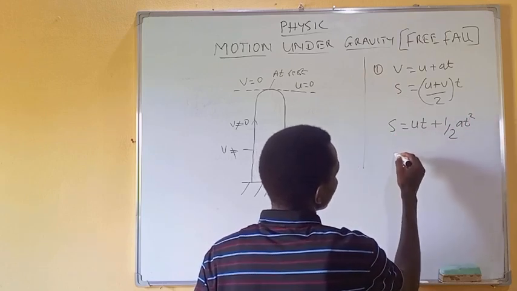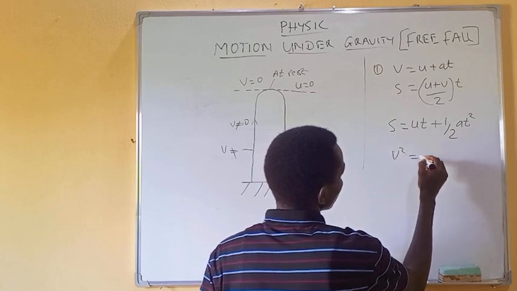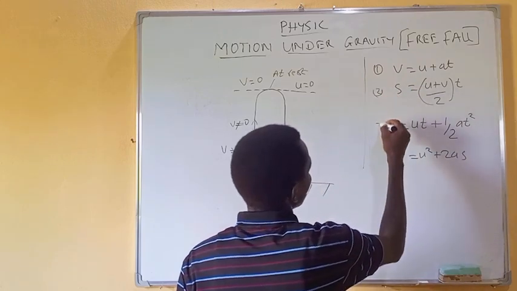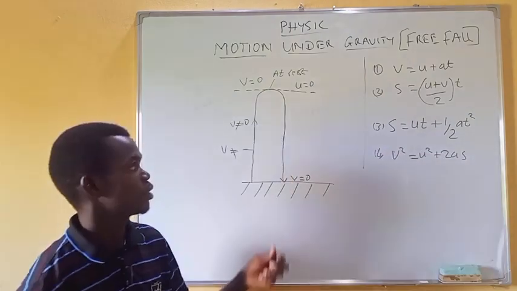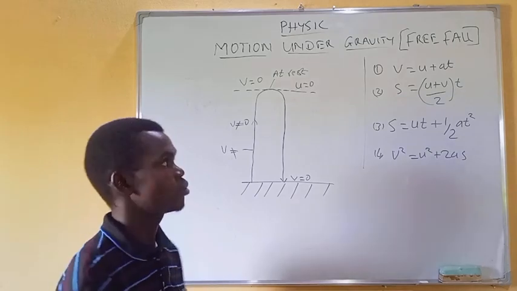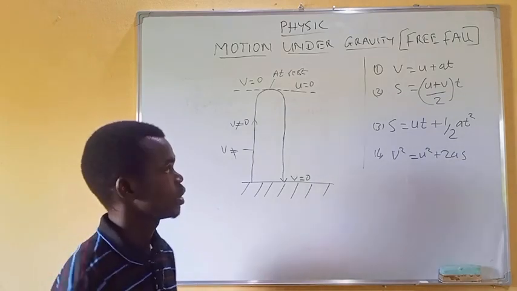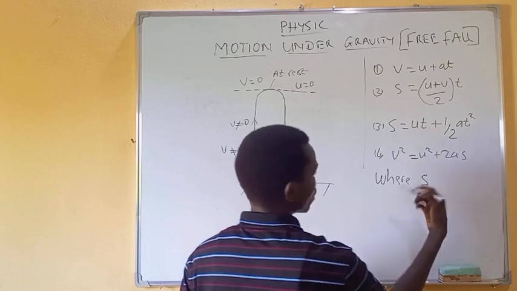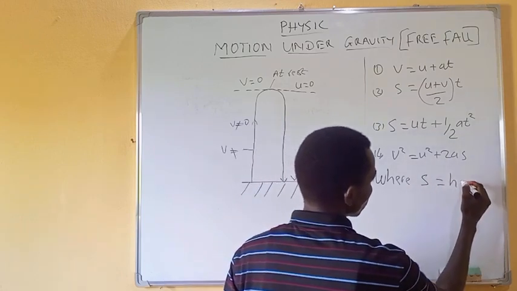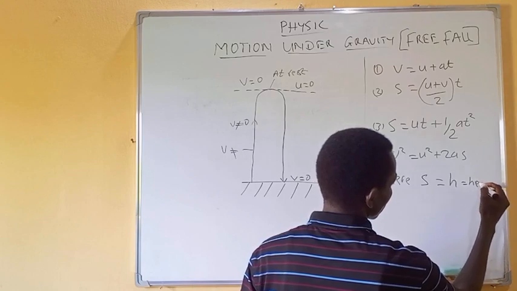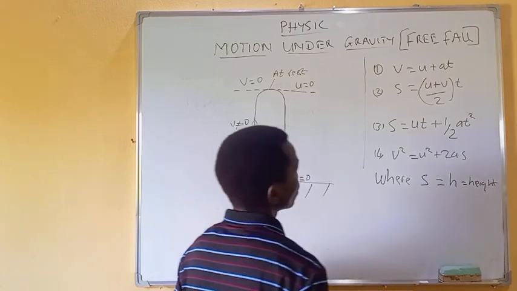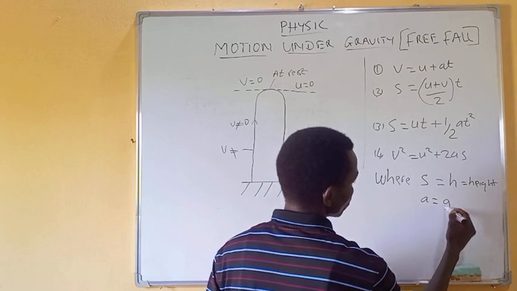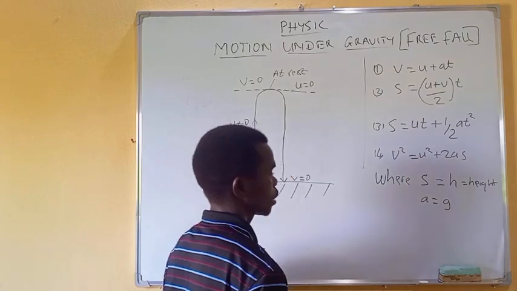And the fourth one, V squared is equal to U squared plus 2AS. These four equations are what we will still use in motion under gravity, where S, which is distance, will now be equal to H, which is height. Then acceleration will now be equal to gravitational force.